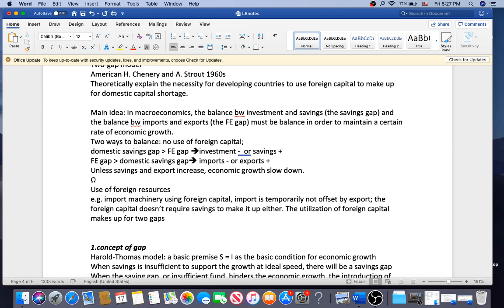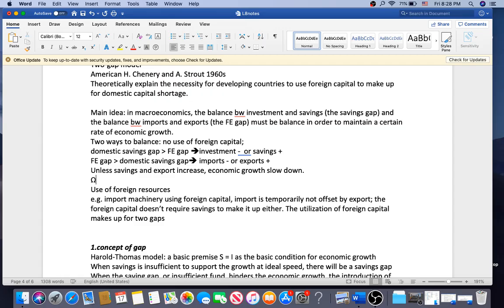But for the foreign capital, sometimes it is an important way to achieve rapid growth and can solve the capital bottleneck. The capital bottleneck means that capital cannot increase to an unlimited extent.